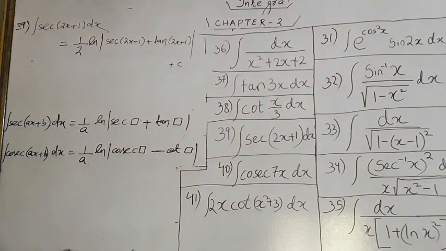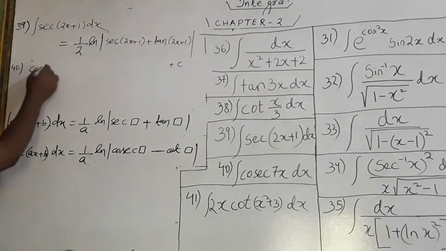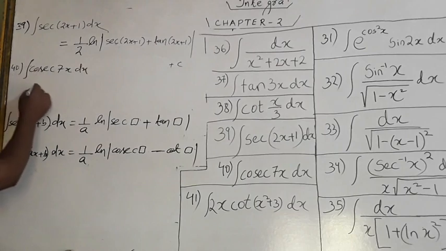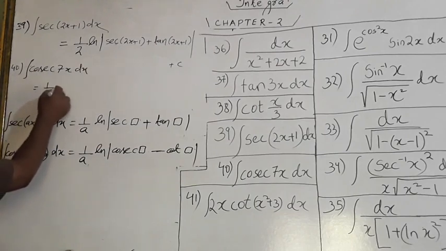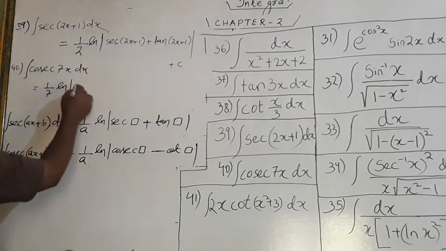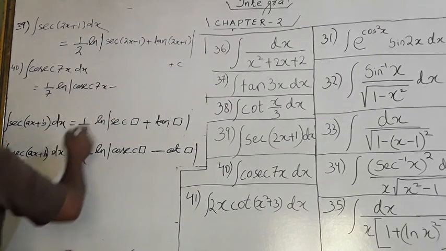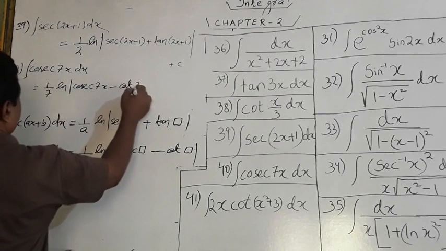Okay? And you know the integration of cosec 7x. Integration of cosec 7x dx is 1 by 7 ln of cosec 7x minus cot 7x plus c.